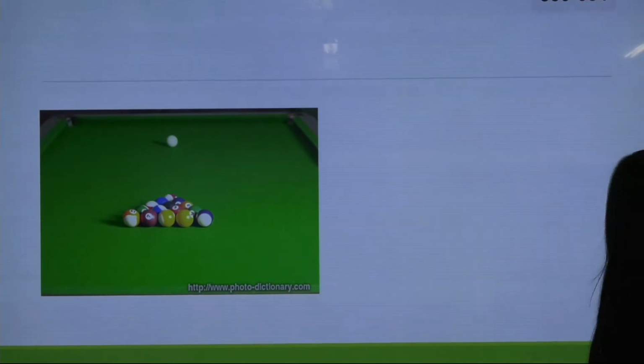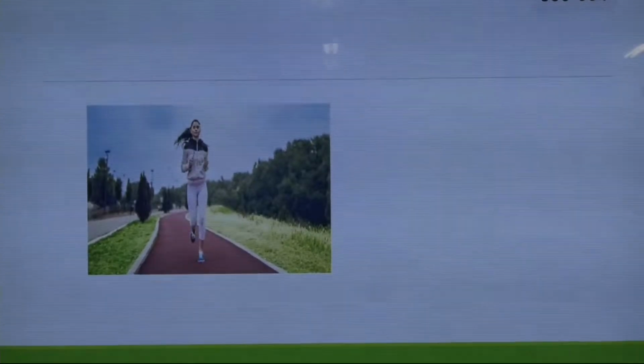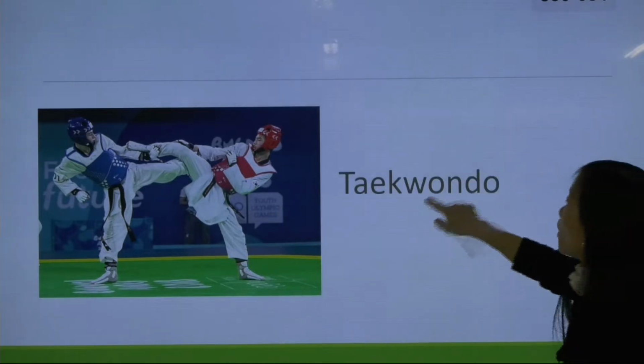What is it in English? Snooker. You can write it down if you like it. This one is jogging. And this is Korean style Taekwondo.